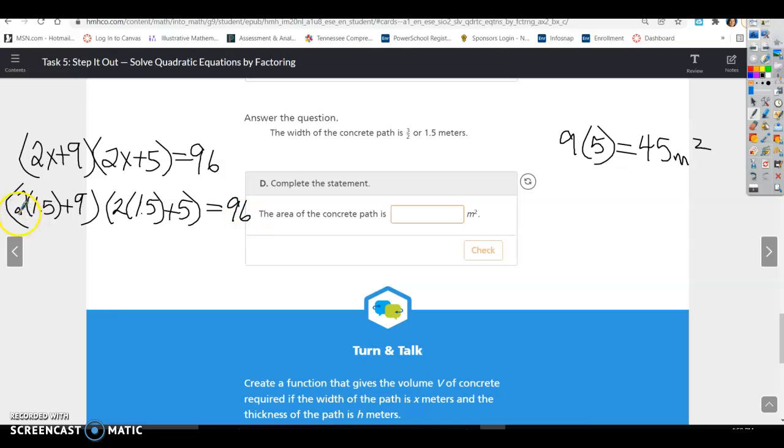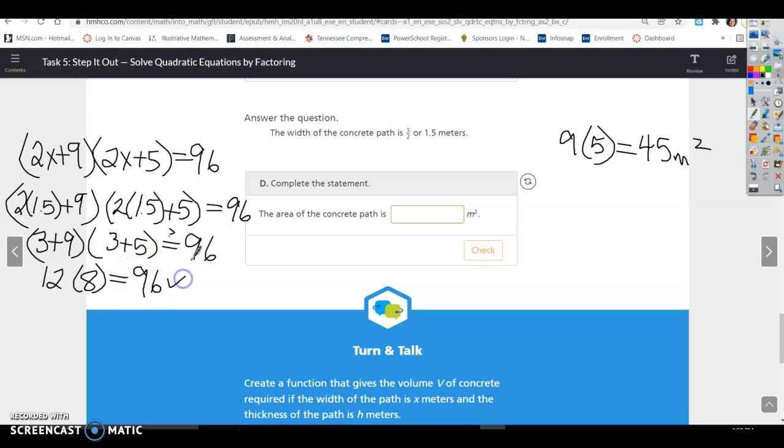So we can check and see. 2 times 1.5 would be 3 plus 9, and then that would be 3 plus 5. So 3 plus 9 is 12, and then that's 8. 8 times 12 is 96.